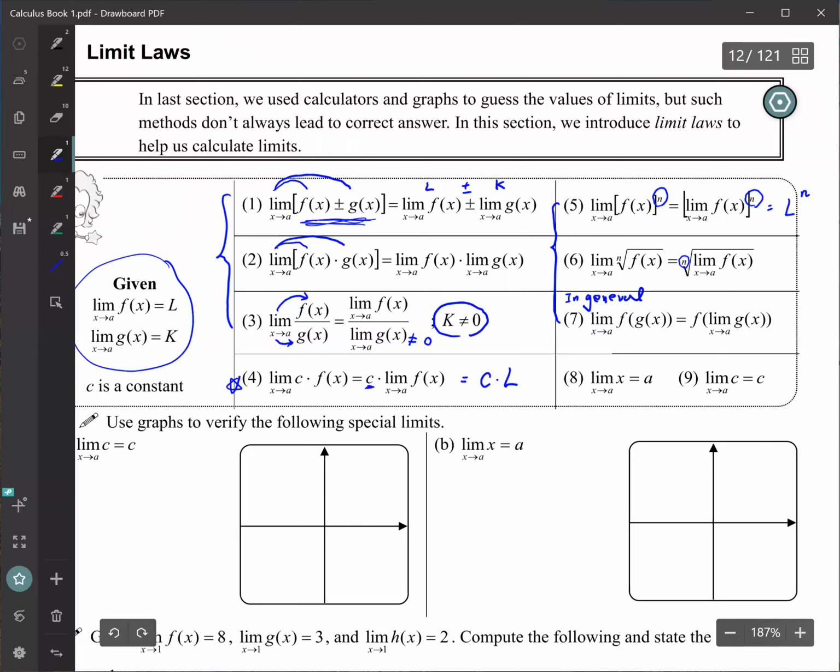If there's a function inside a function, you have an inside function g of x. This is the inside function. You can find the limit of the inside, and whatever answer you get, you can sub it into f. So this will be f of, what's the answer for the limit of g of x? Nicole?